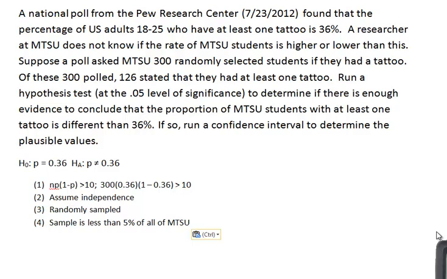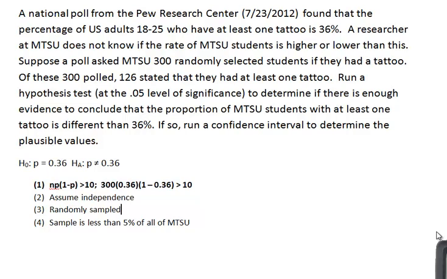If one of them has it, the other one has it, so we want to eliminate that. We often just have to assume independence. It says they were randomly sampled, so we're okay there. And the sample is less than 5% of the population, which in this case is MTSU. So all those conditions are met. Again, the only mathy one you have to check in this class is this one right here, so make sure you check that.